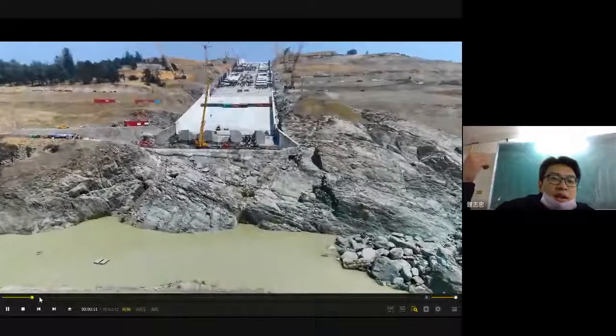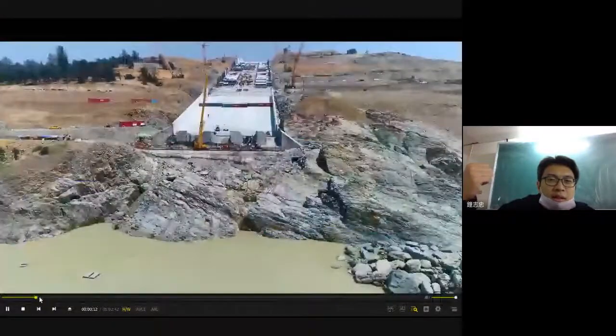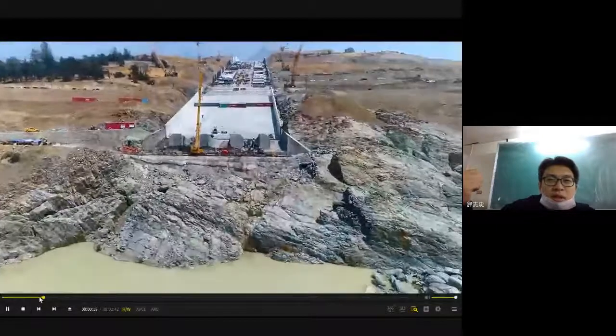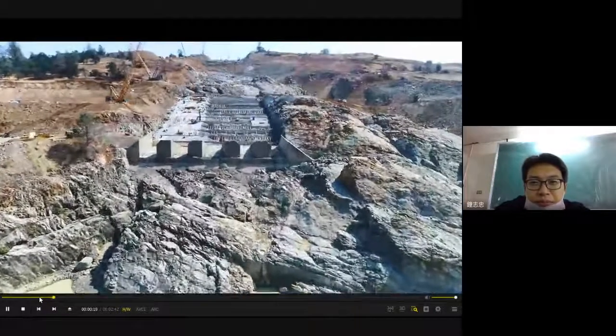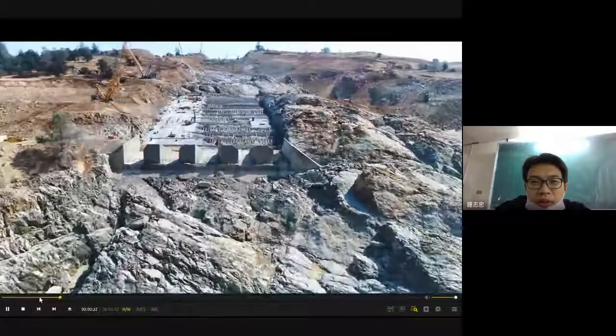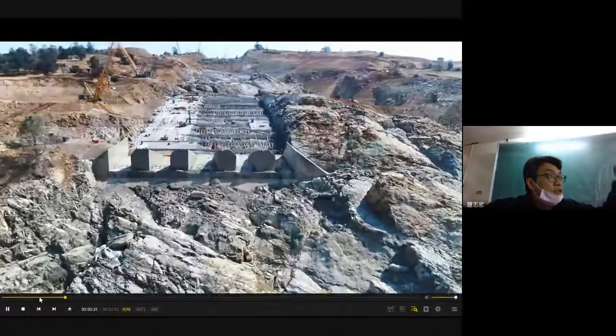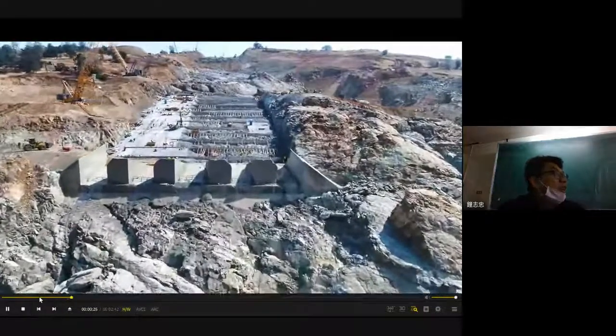So this is after 2018, when they tried to rebuild. You can find this is a very huge and very large spillway.